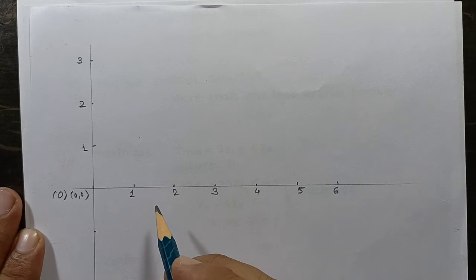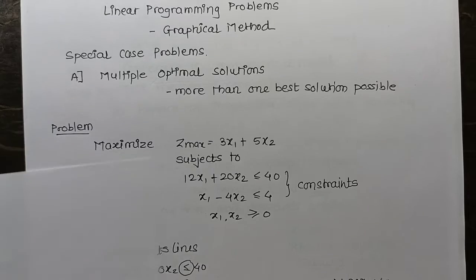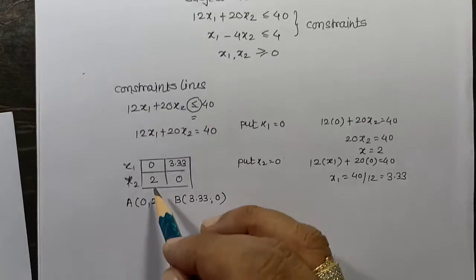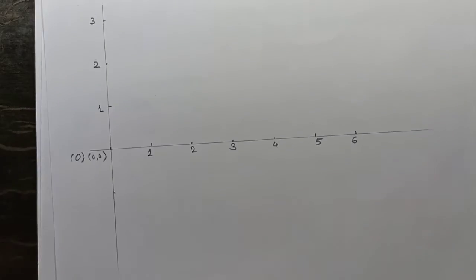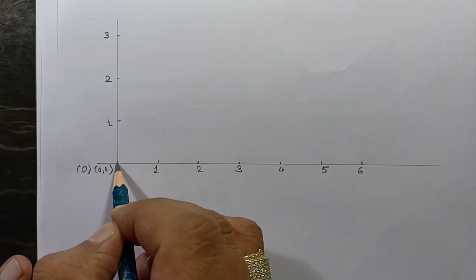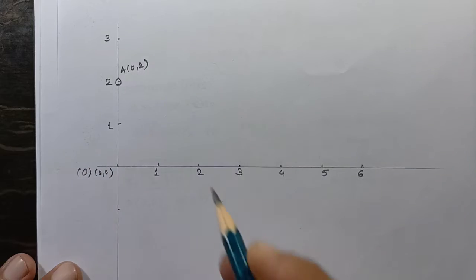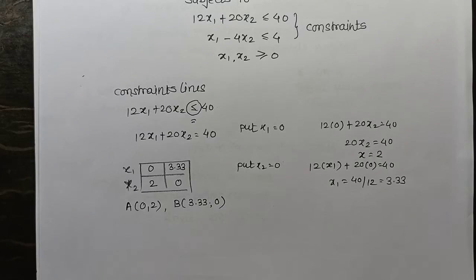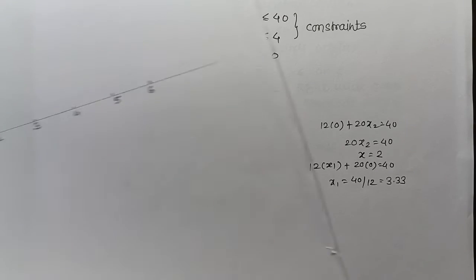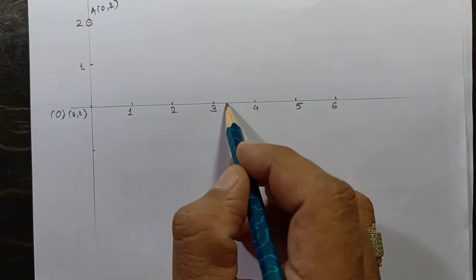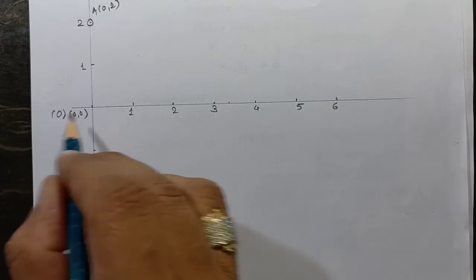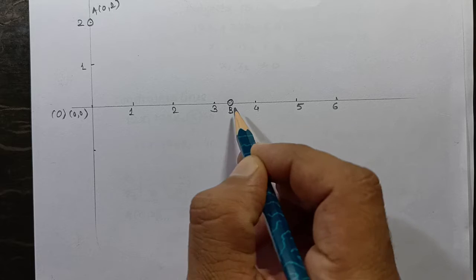My A coordinates are 0, 2. This is my A, and my B is 3.33 and 0.